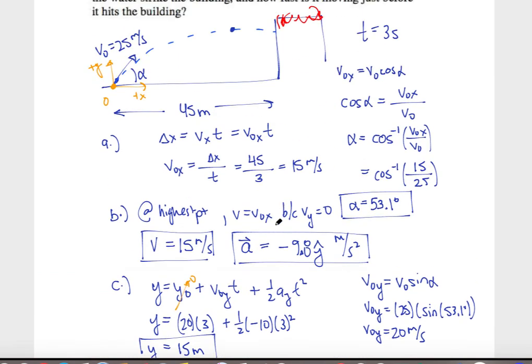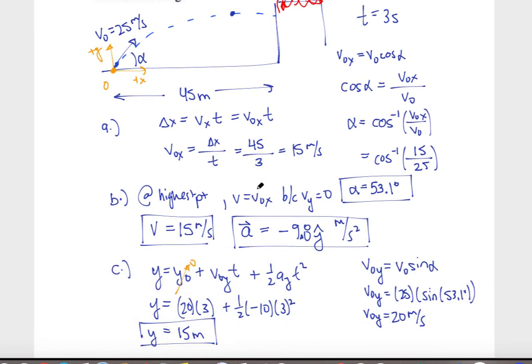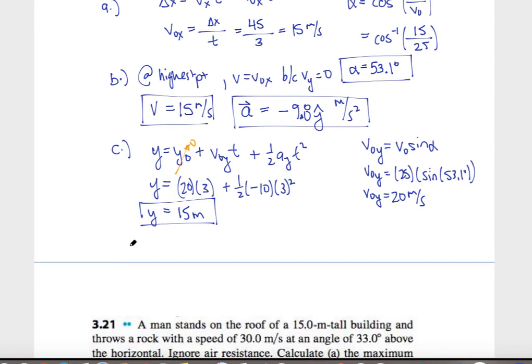Now the second part says calculate how fast it's moving just before it hits the building. So we're going to be doing this trigonometry bit. We have Vx in the x direction, and Vy, and we want to find the magnitude of this vector. So we need to know Vy at that point.